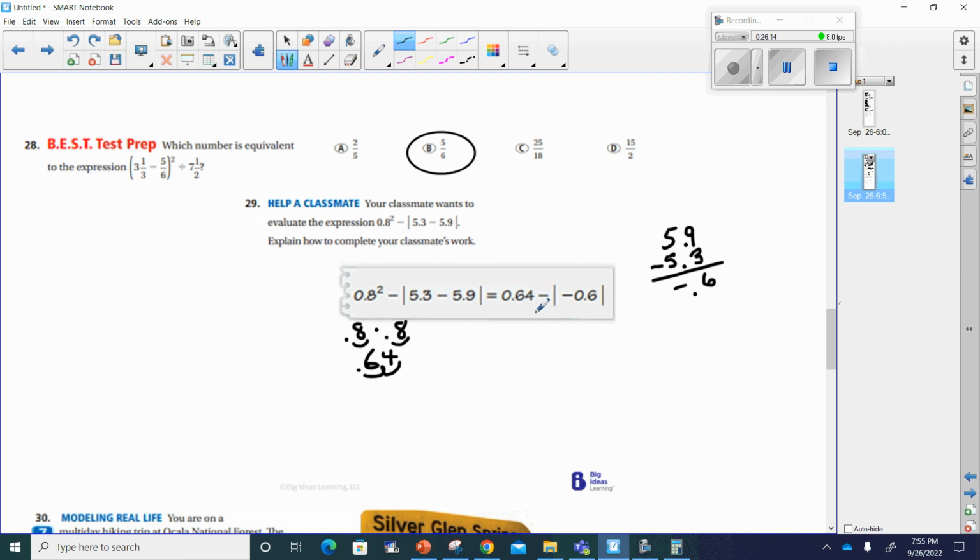So this is going to be 0.64, and then we're going to subtract 0.6. Well, when my signs are different, I find the difference. So 0.64 minus 0.6, I have to put a 0 here, is going to give me 0.04. So number 29 should be 0.04.